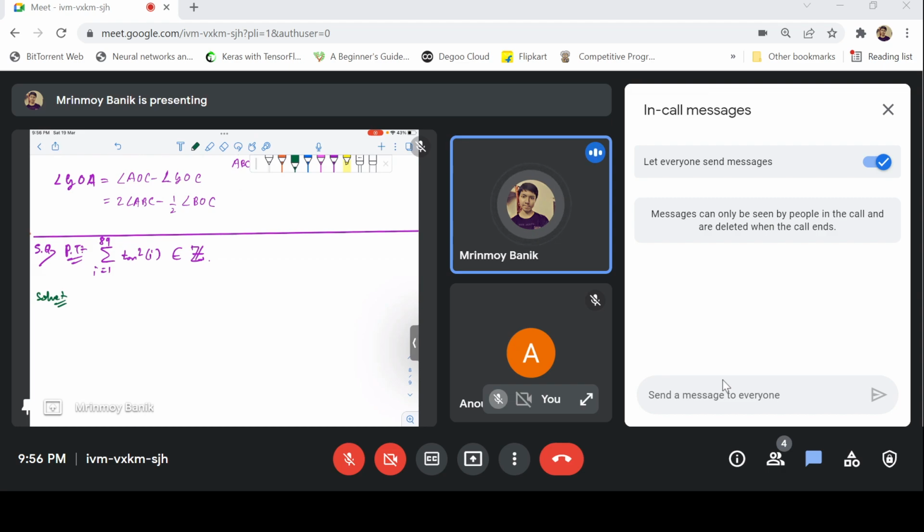How to solve this one? So what is tan squared x? It's sec squared x minus 1. Tan squared theta is cot squared of 90 minus theta.